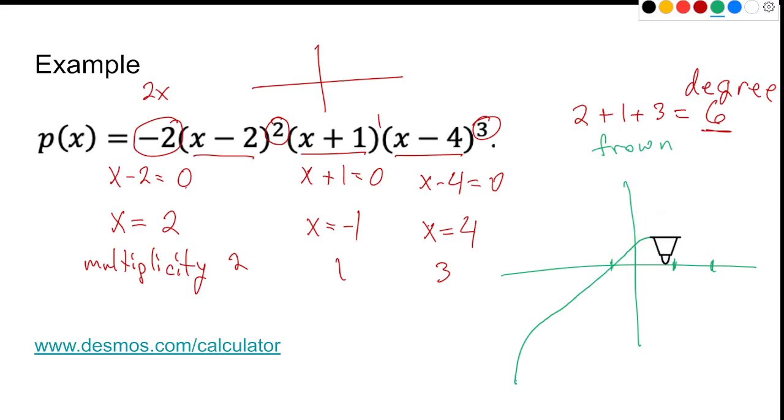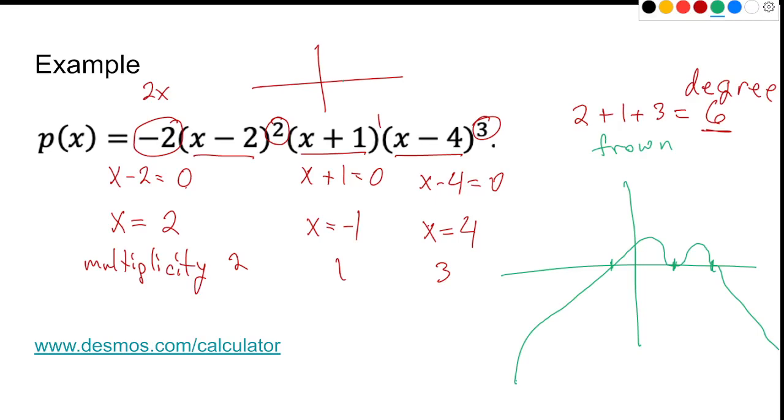Since this is a double multiplicity, it's going to do something like that, and then it's going to go something like that. Okay. Now it's an overall shape. I'm sure the one we're going to get will look different, but similar. These might be bigger, the bumps and stuff, but we're going to get kind of a look like that. So let's see if that actually is in fact what we get.